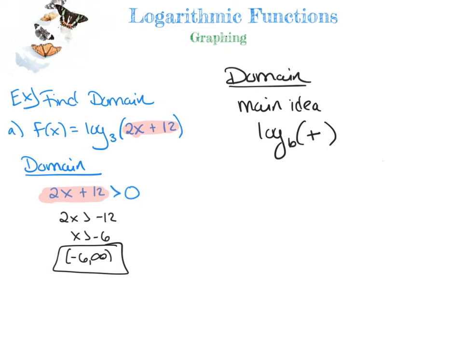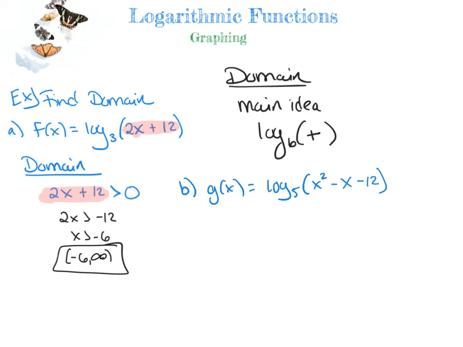Let's do another one. Let's find the domain for g of x. Let's make it a little bit harder. Let's do log base 5 of x squared minus x minus 12.